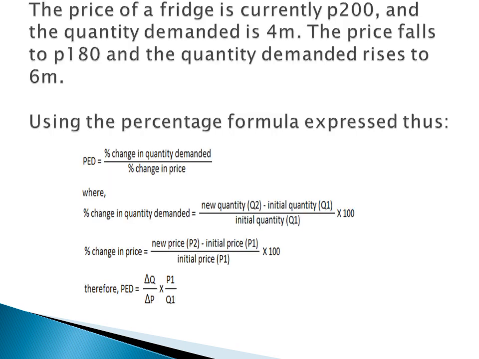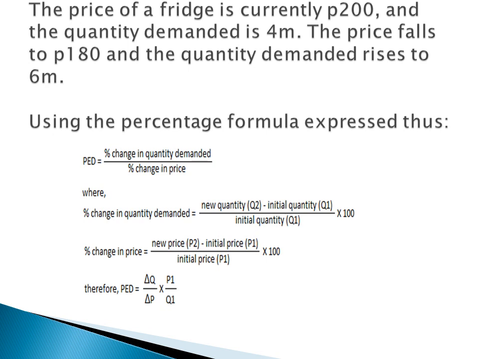Now, if the price of a fridge is currently 200 pula and the quantity demanded is 4 million, if the price falls to 180 pula and the quantity demanded rises to 6 million, now what is the price elasticity of demand? We can also use a percentage change in quantity demanded over percentage change in price.